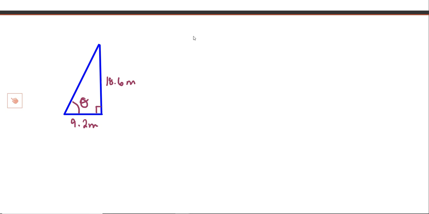Right? So, let's do what we've always been doing. SOHCAHTOA. Nice to know it's exactly the same thing as before. Theta, opposite, adjacent, hypotenuse. The opposite is?